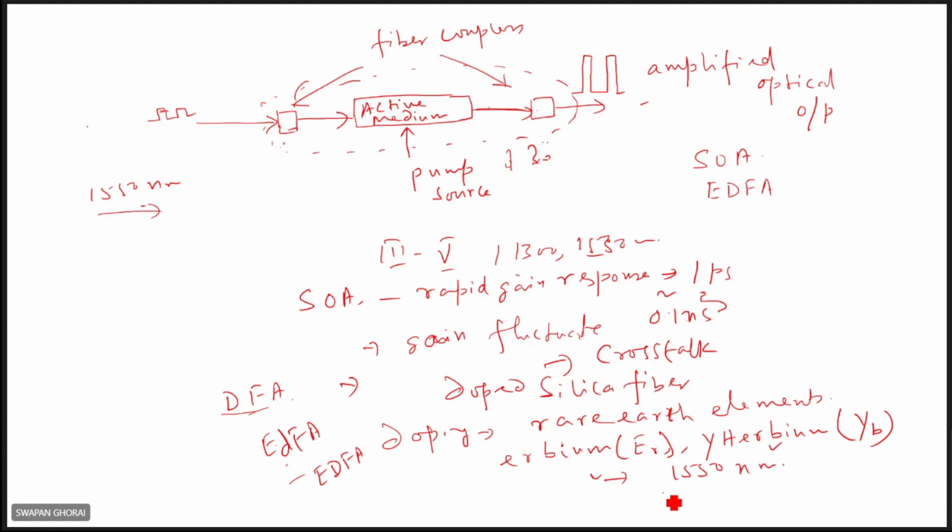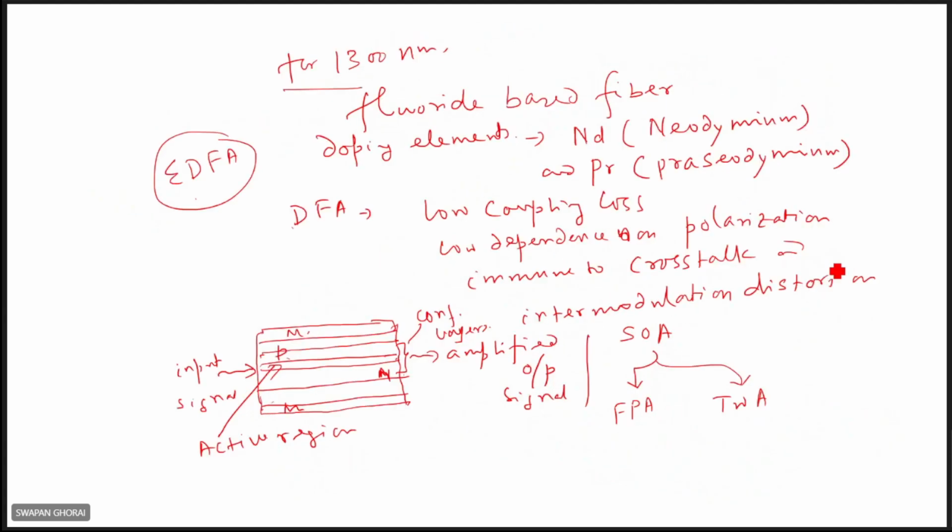That is for the 1550 nanometer region. If it is lower than this, say 1300 nanometers, neodymium and praseodymium are the rare elements that are used.